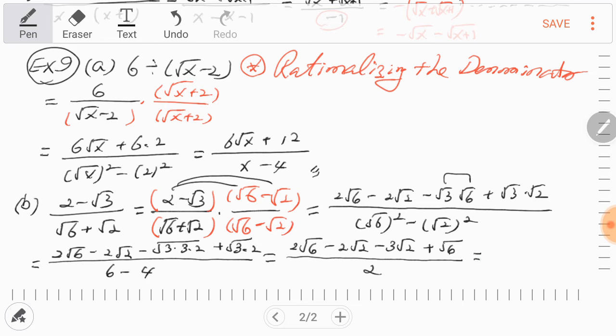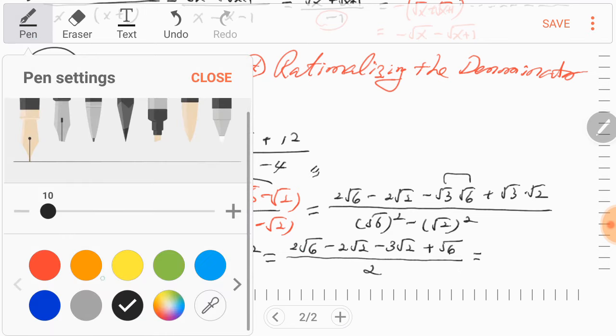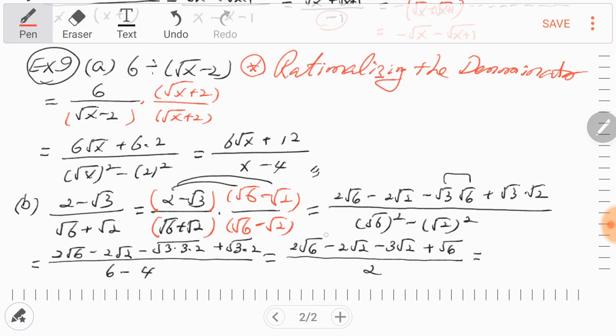What are the like radicals? Square root of 6 and square root of 6: 2 plus 1 is 3 square root of 6. And then square root of 2 and square root of 2: negative 2 minus 3 is negative 5 square root of 2, over 2.